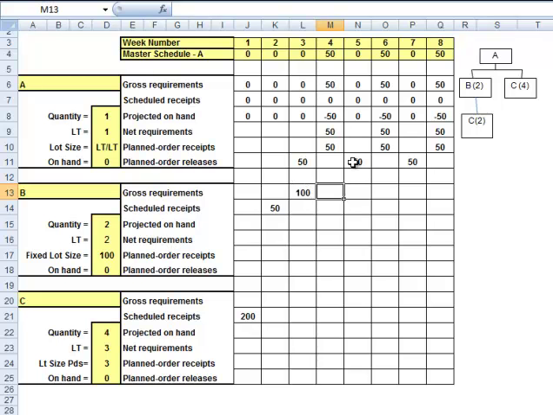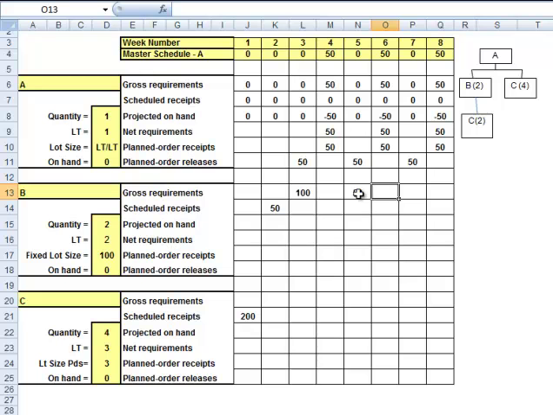Also, in time period 5, I need to start 50 A's. And in order to start those, it's going to require another 100 B's. So again, that 100 is the calculated value of 50 times 2, because the bill of materials says it takes 2 B's to make 1 A.